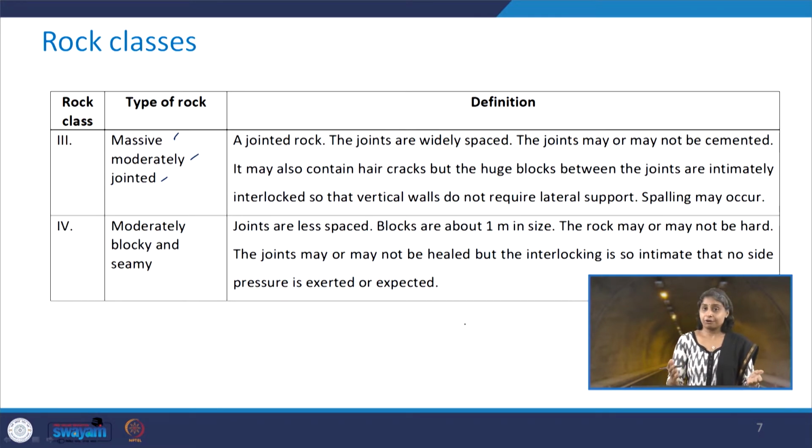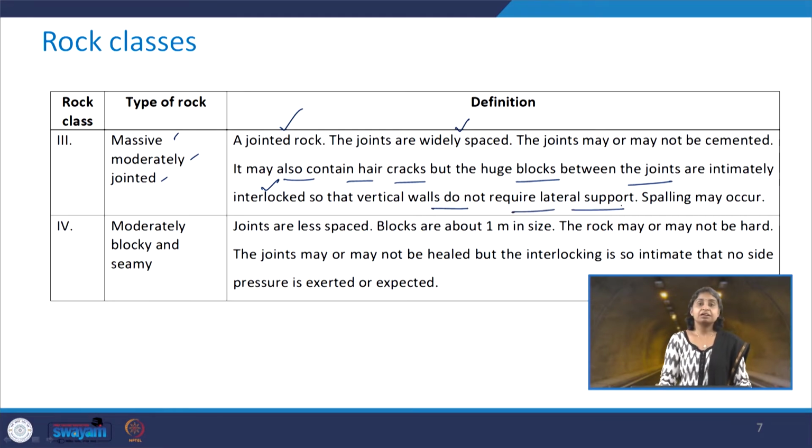The third category includes massive, moderately jointed type of rock. This is of course a jointed rock where joints are widely spaced. These may or may not be cemented, and it may also contain hair cracks, but the huge blocks between these joints are interlocked so that the vertical walls do not require lateral support.